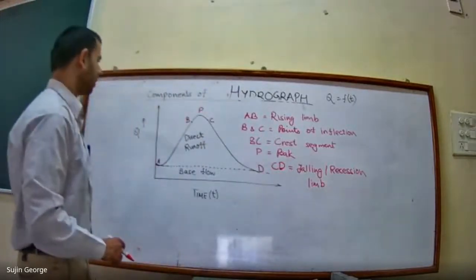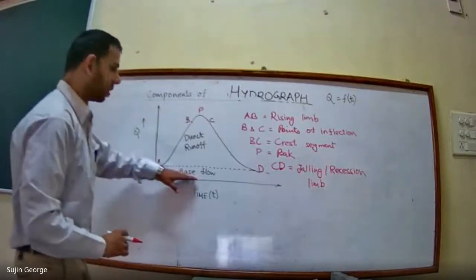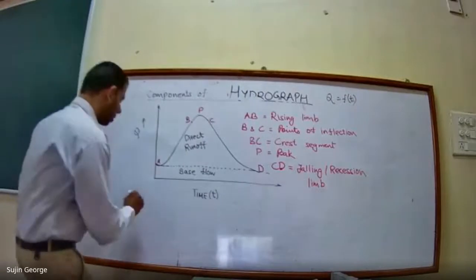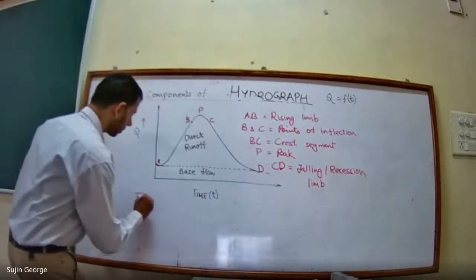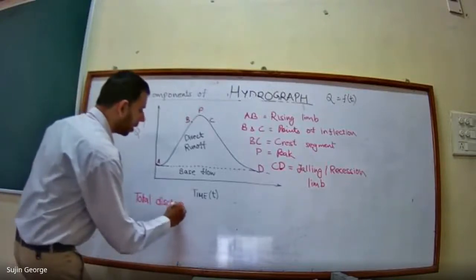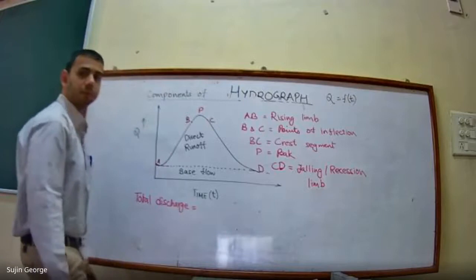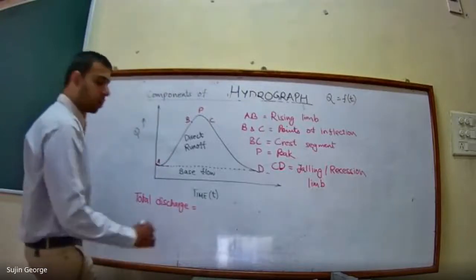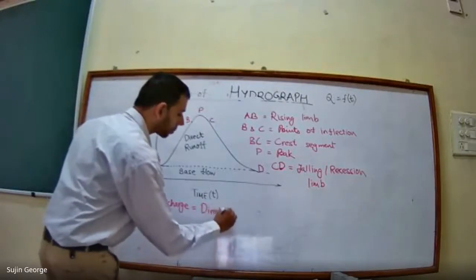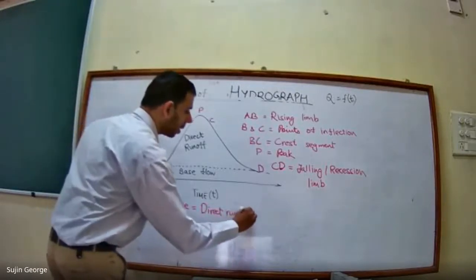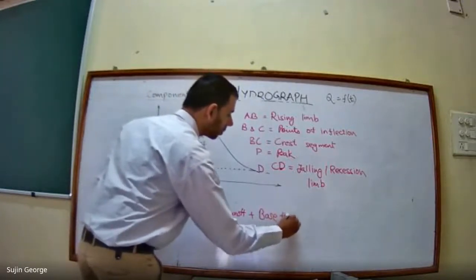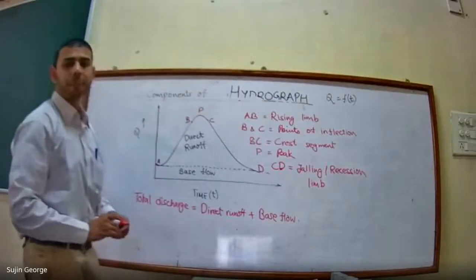Now here, as I have told you, first there will be base flow, and above it there will be the direct runoff. So the total discharge will be equal to what? Total discharge will be equal to direct runoff plus base flow.